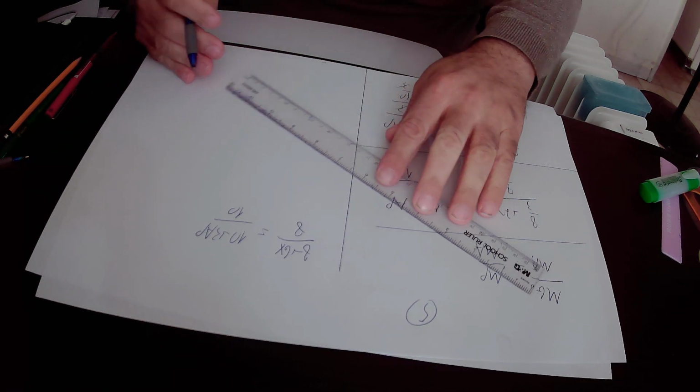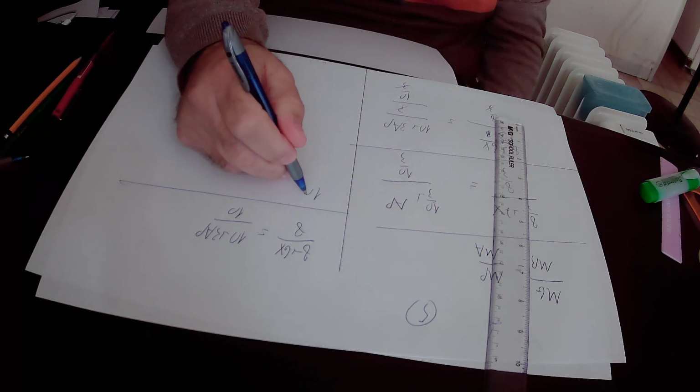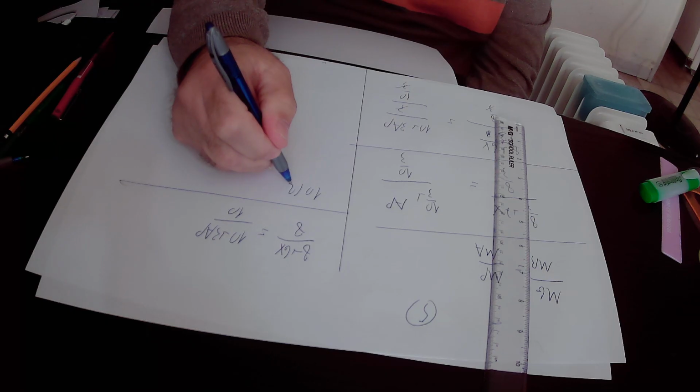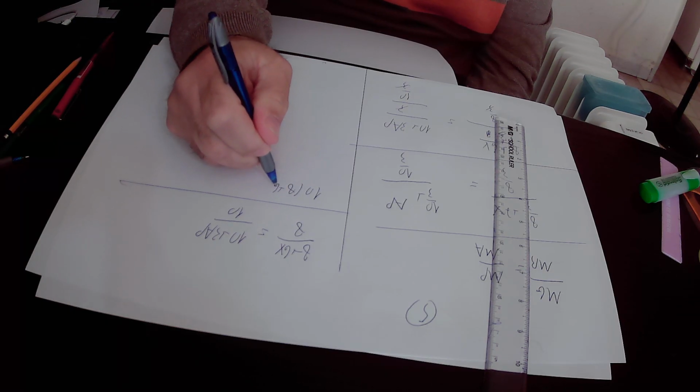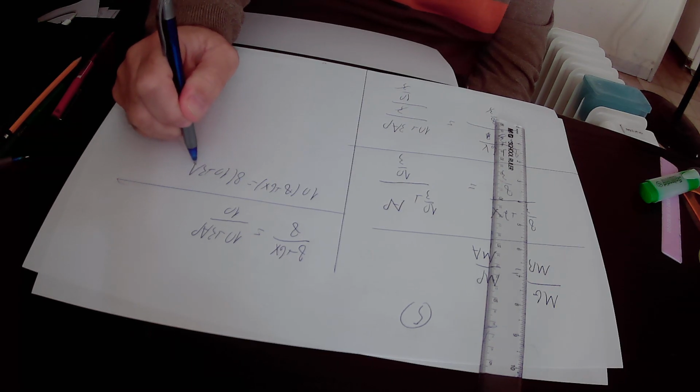Here we cross multiply this equation and finally we get that 10 times 8 plus 6x equals 8 times 10 plus 3AP.